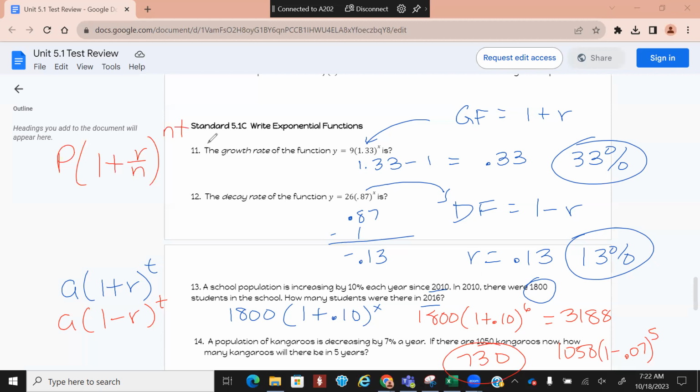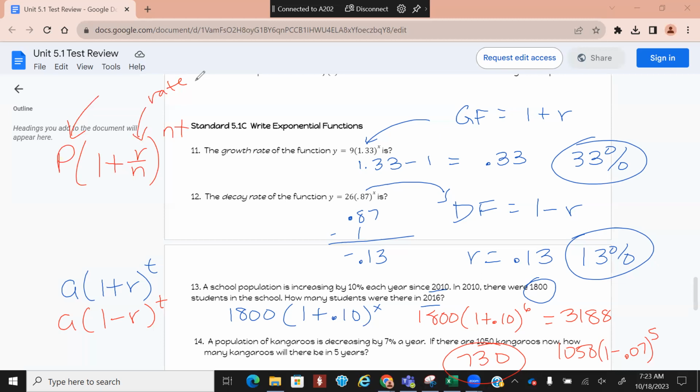Okay. So P is our initial. R is our rate. What is N? Okay, N is the number of times it happens in a year. So if I say quarterly, how many times is that going to happen? 4.